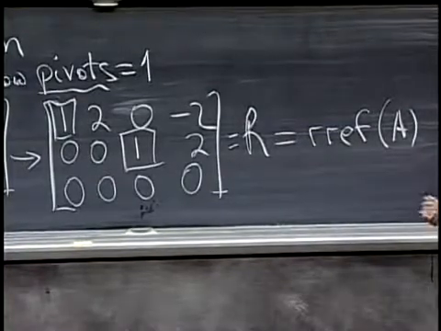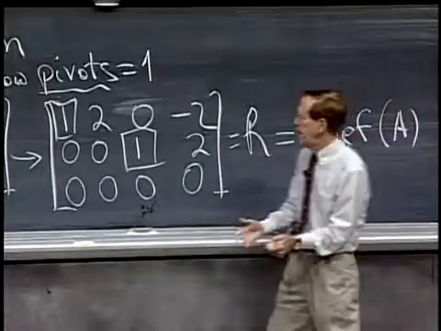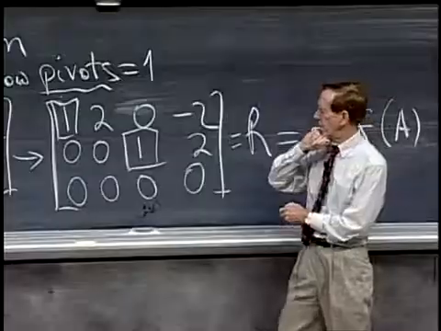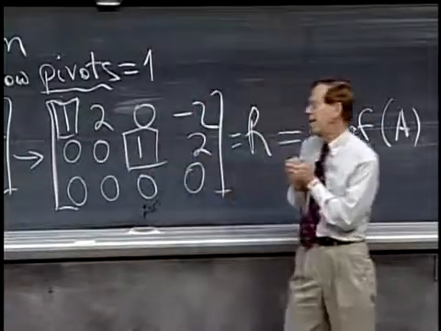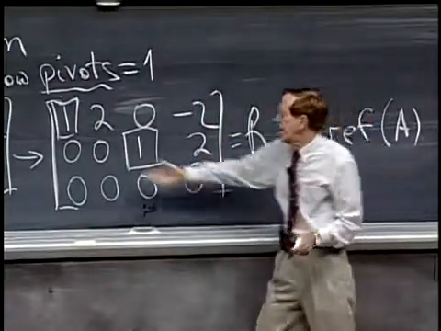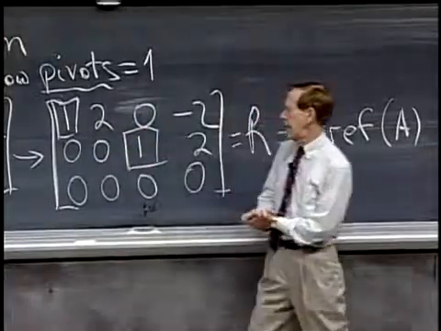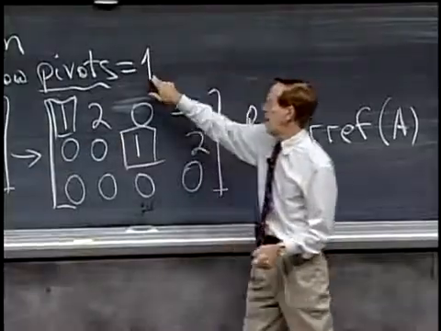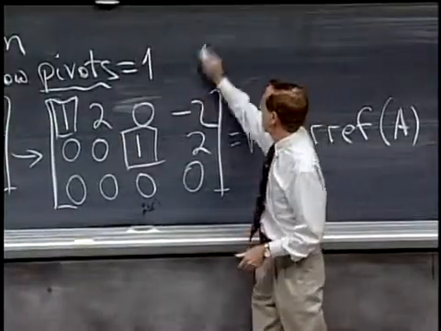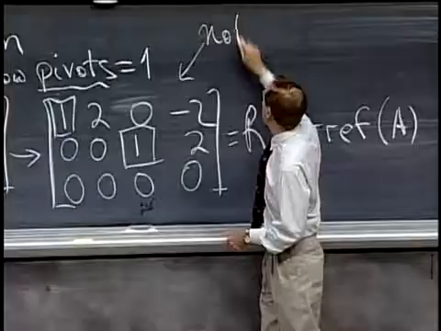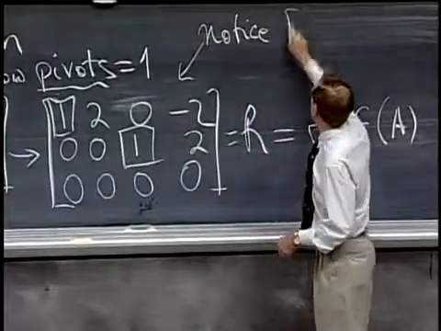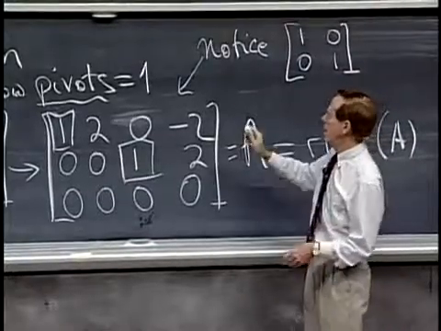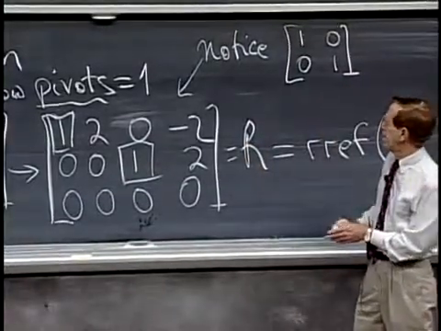What information has it got? Well, of course, it immediately tells me the pivot rows 1 and 2, pivot columns 1 and 3. And in fact, it's got the identity matrix in there, right? It's got zeros above and below the pivots, and the pivots are 1. So notice the 2 by 2 identity matrix that's sitting in the pivot rows and pivot columns.